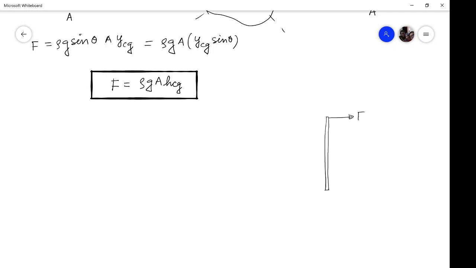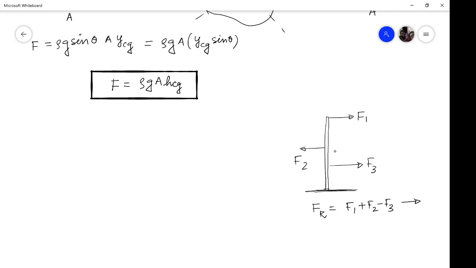A few forces are acting, F1 and F2 and F3, and with respect to this, I have to find out the position of the net force. So the net force, that is the resultant force, will be given by F1 plus F2 minus F3 in the horizontal direction. This is sigma F.